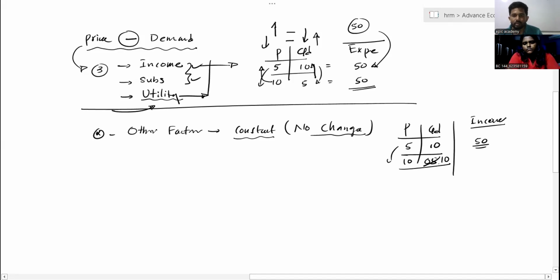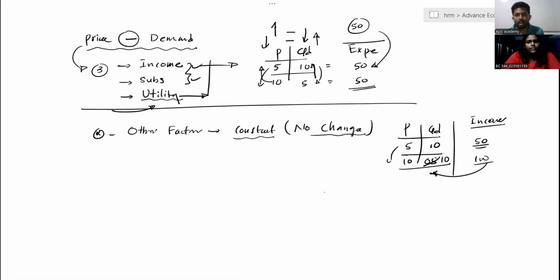How? With the price increase, if the income of the consumer increases to 100 rupees, there is no problem. He can purchase it. So now you can identify that if other factors change with the price changes, you cannot create the negative relationship between quantity demanded and price.